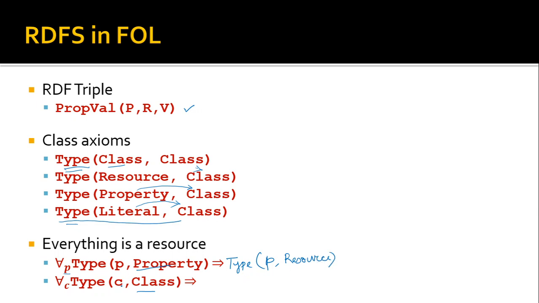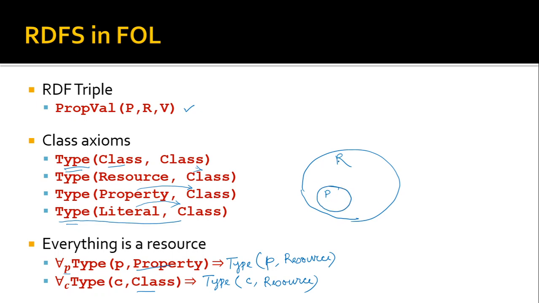And if C is of type class, we can also infer that C is of type resource, because the set of properties is a subclass of resource, and the set of classes is a subclass of resource.